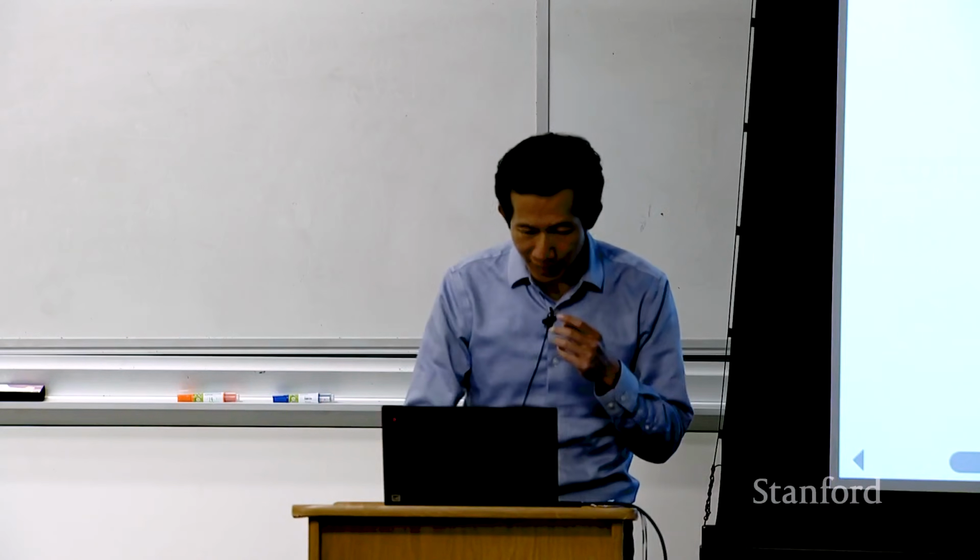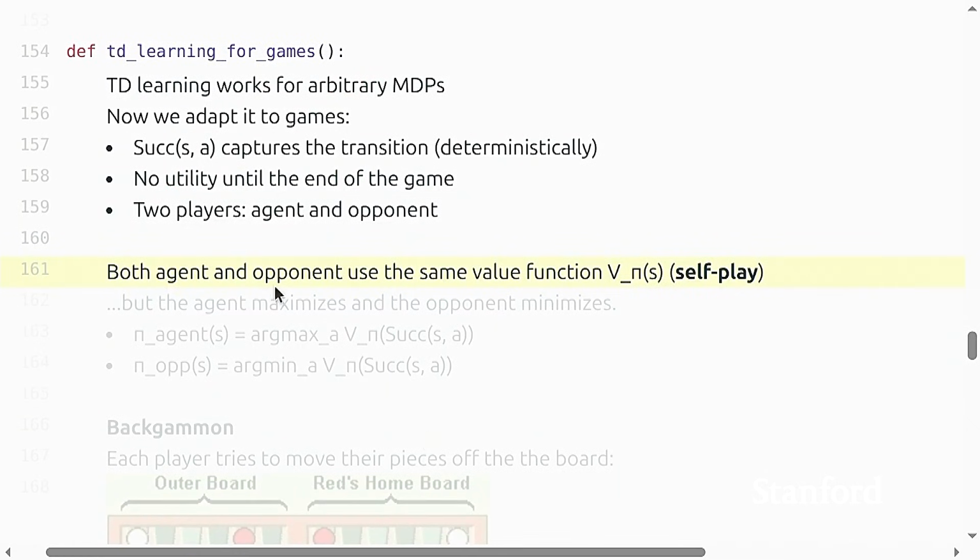And the way you deal with that in the context of adapting reinforcement learning is actually quite simple and elegant. You just let the agent and opponent use the same value function. So this is known as self-play, where you're essentially saying, agent and opponent, your minds are, in some sense, wired together, and you're just going to use the value that I'm going to estimate to drive your decisions.